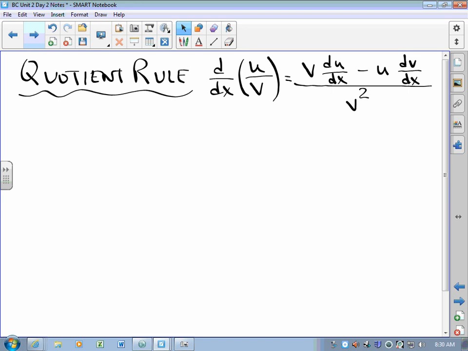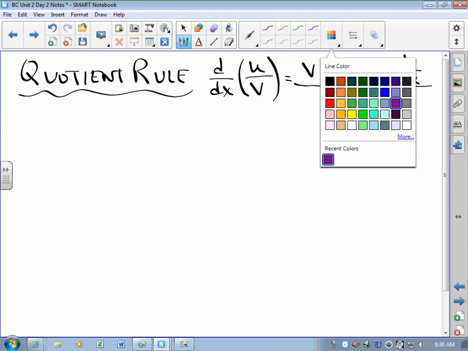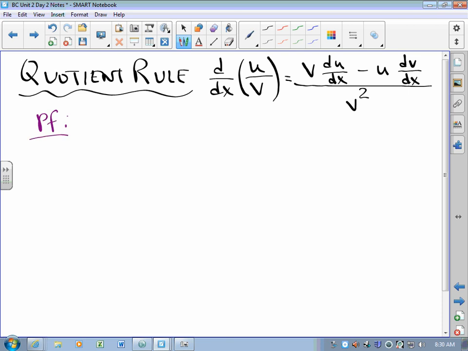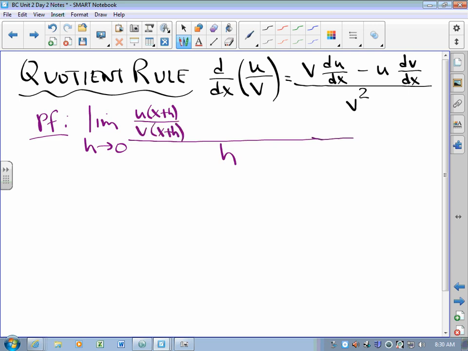Again, it happens for a reason. That reason is so important that we will do it in purple calligraphic pen. The proof is very straightforward. We're going to take a limit as h approaches 0 of f of x plus h minus f of x over h.